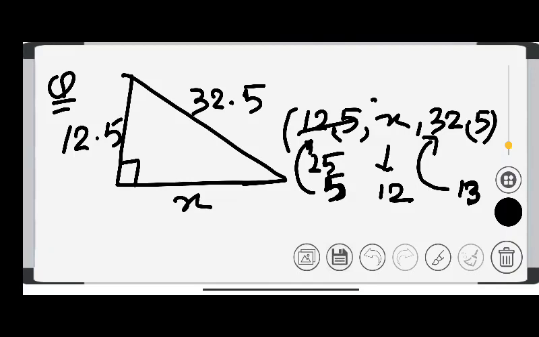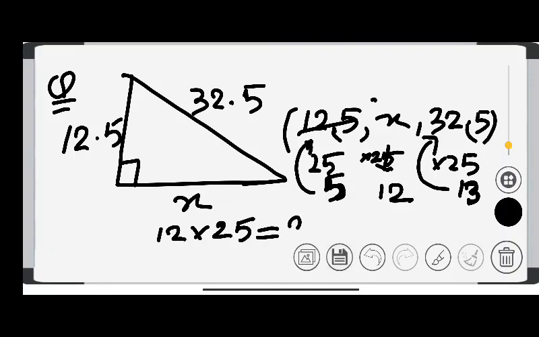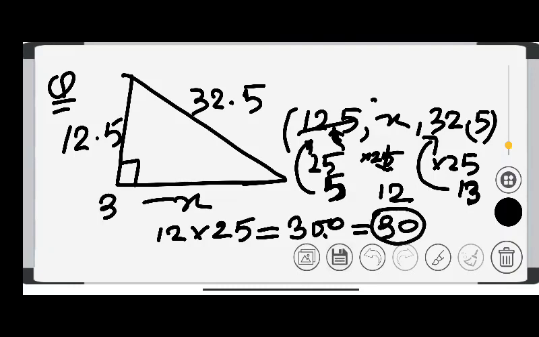So this is 25 times, then it will also be 25 times. So 12 into 25, what will you get? You will get 300. But remember that I have taken a decimal here, so if I put the decimal, it will be 30. So the answer is 30 here.